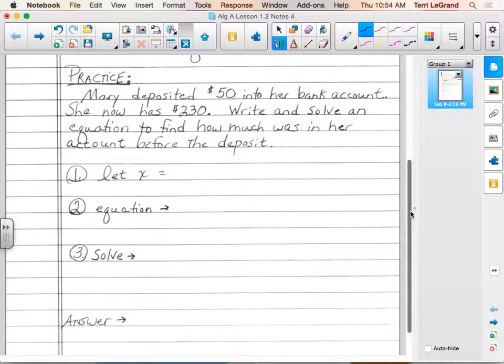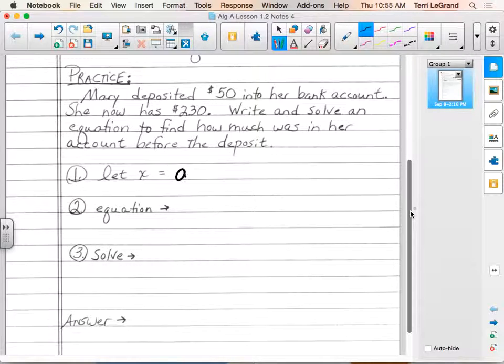Right there, typically they're going to give you the unknown. How much was in her account before the deposit? So I already decided that our variable is going to be x. You're going to write down let x equal, or let x be, however you want to write it. What do you think x is going to represent in this problem? Julia? The amount of money that was in there before she put the $50 in.